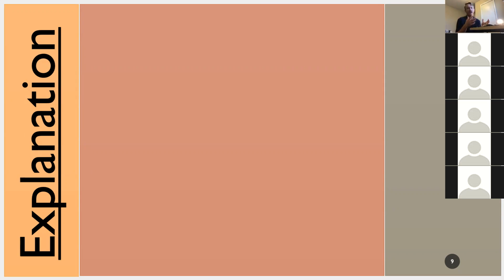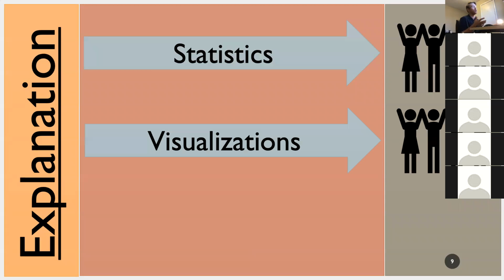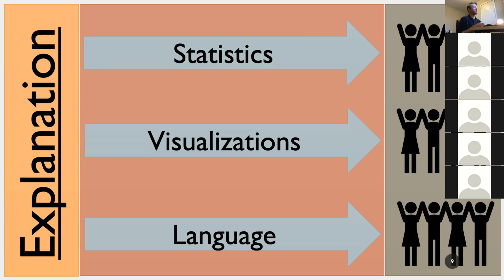But one of the questions is, what is actually the representation when we're talking about these different things? Is it just going to be raw statistics? Is it going to be some type of visualization? Or is it going to be some type of language? Is it going to be a summary that says, this is what the AI did and this is why it did it? Maybe it's going to be some form of all three.